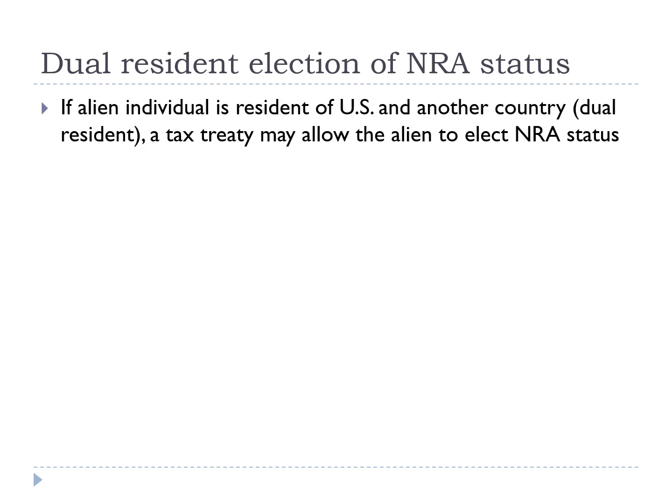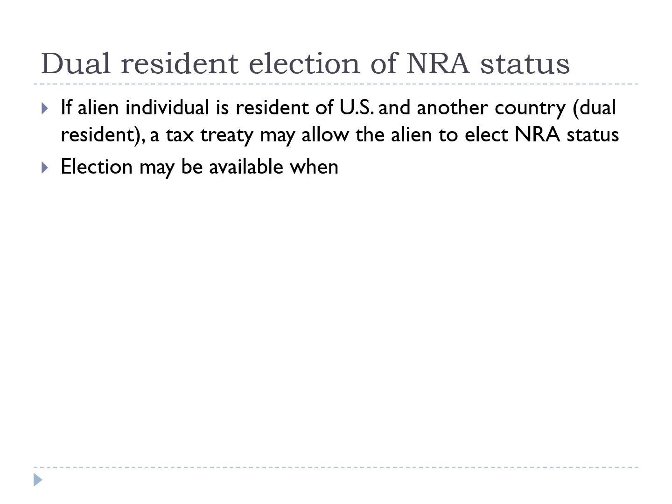Generally, where an alien is resident of the United States and another country under their respective internal tax laws, that is, a dual resident, a tax treaty may allow the individual to elect to be treated as a non-resident alien, overriding the classification in Section 7701(b).